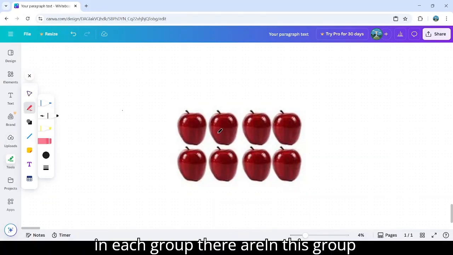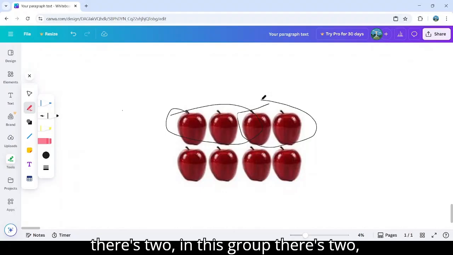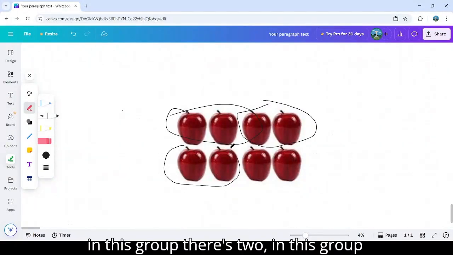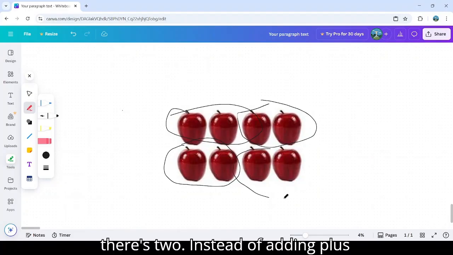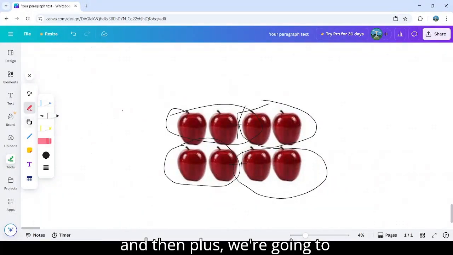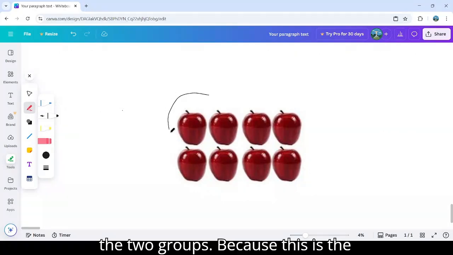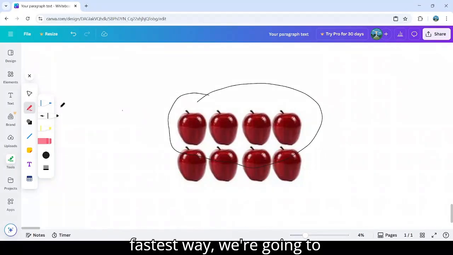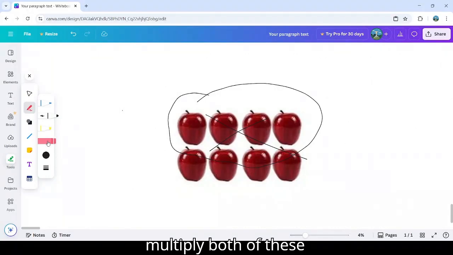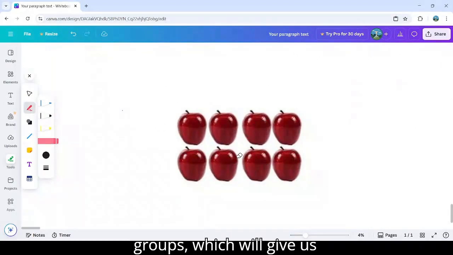In this group there's 2, in this group there's 2, in this group there's 2, in this group there's 2. Instead of adding plus and then plus, we're simply going to multiply the groups, because this is the fastest way, which will give us 8.